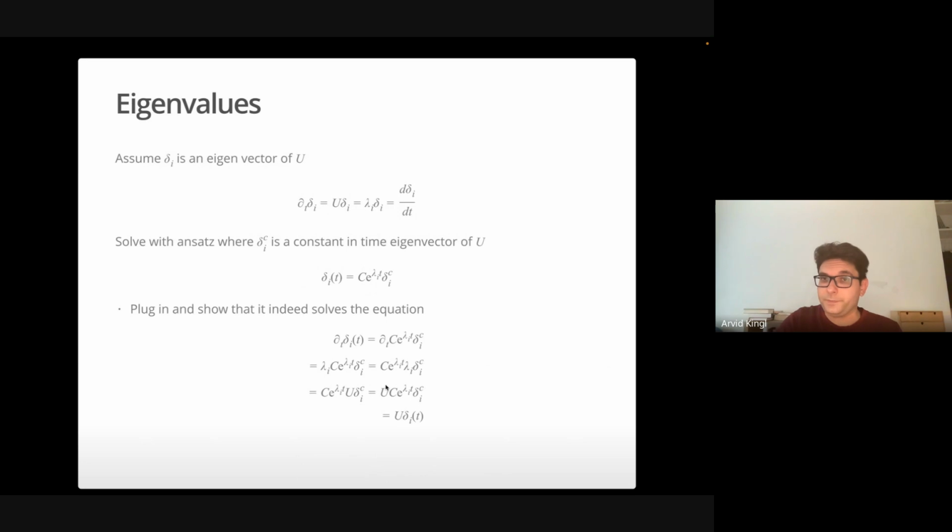So that means finding the eigenvectors and eigenvalues can tell you a lot about how a small deviation from the equilibrium will behave in the long run.